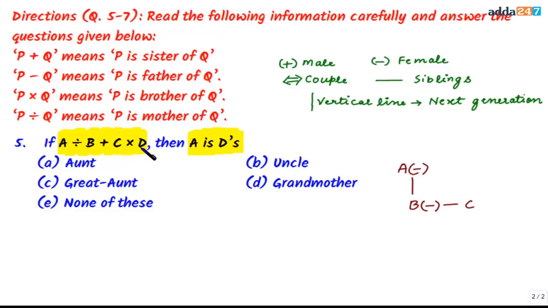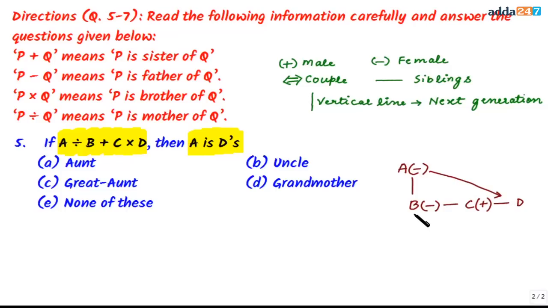And C cross D. C cross D means C is brother of D. So C is brother of D. That means C is definitely male. And C is brother of D means C and D are siblings. So what we have to find is what is A of D's.